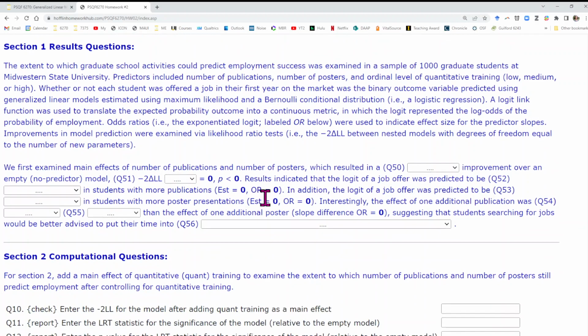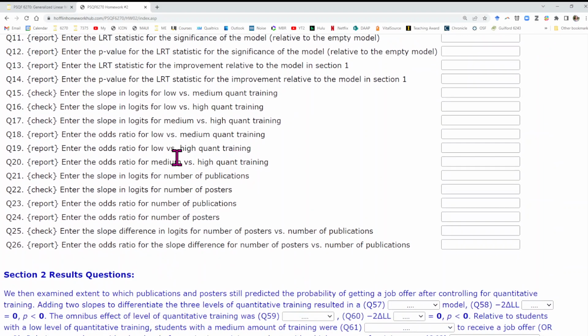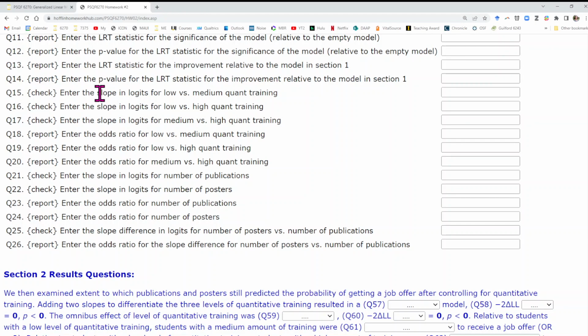Another question that I've had is about the third model. Let's see here. So section 2 is adding in controlling for quantitative training, where there are 3 categories, low, medium, or high. You were instructed to make low the reference group and to use indicator dummy coding, I believe. So then there's a number of inquiries about the slope and logits for low versus medium.